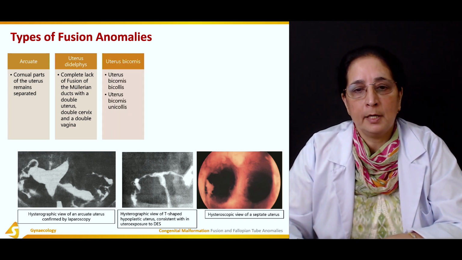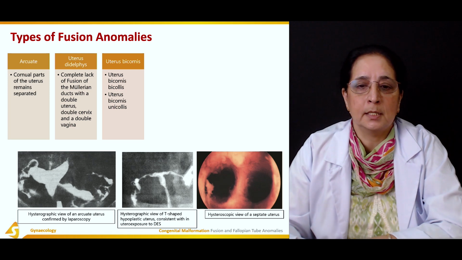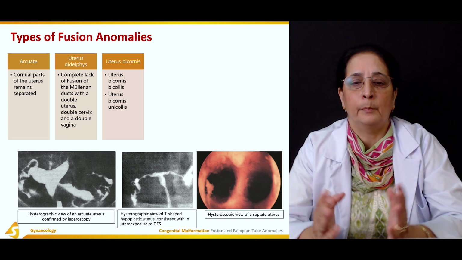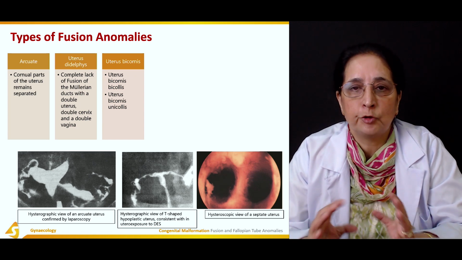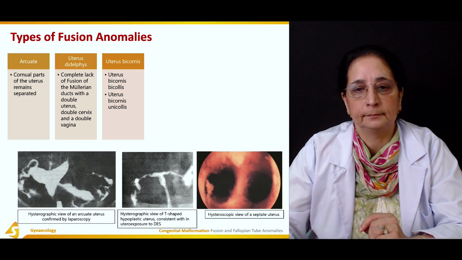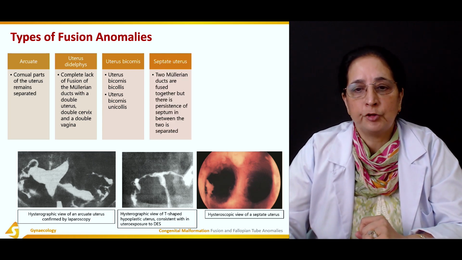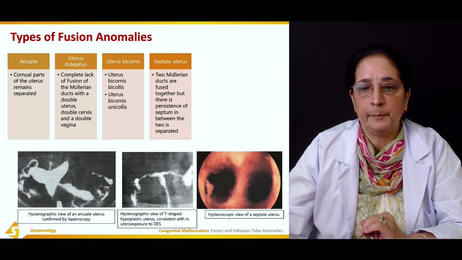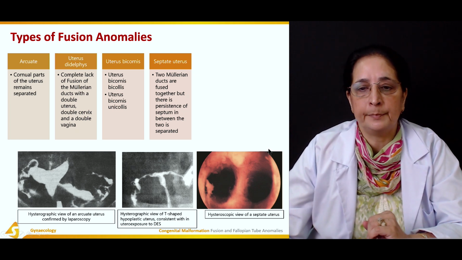Uterus bicornis. Uterus bicornis is again with the two cornua. Bicornuate uterus, it has the two cornua of the uterus. Septate uterus is where the two Mullerian ducts are fused together, but there is persistence of a septum in between the two.